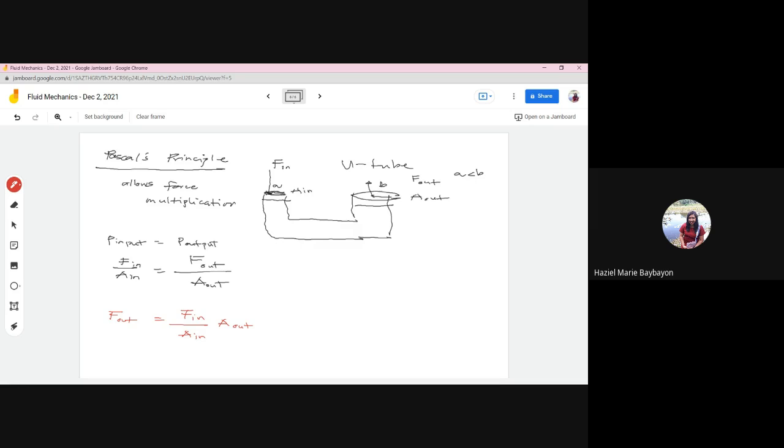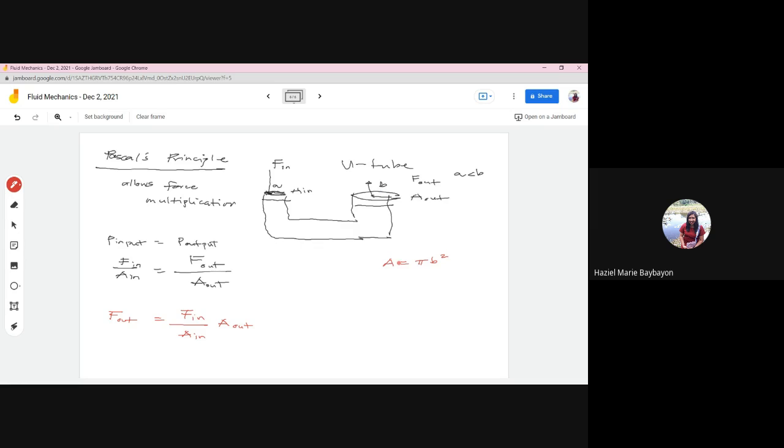Suppose, as I mentioned, this has a circular cross-section. So the area is equal to pi r squared.